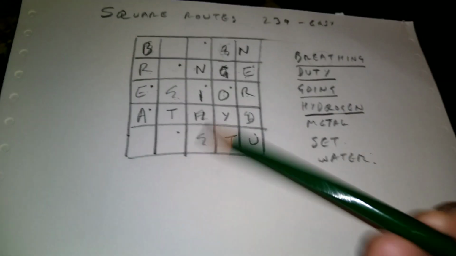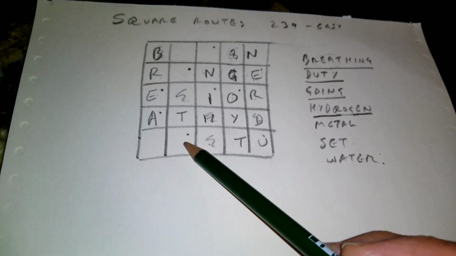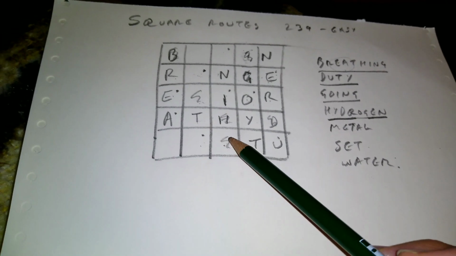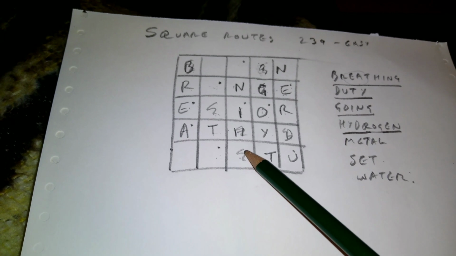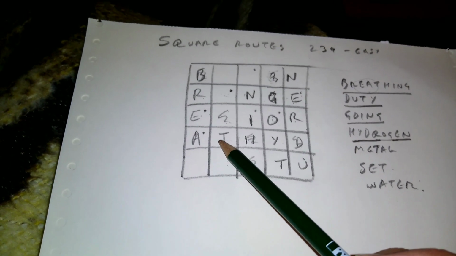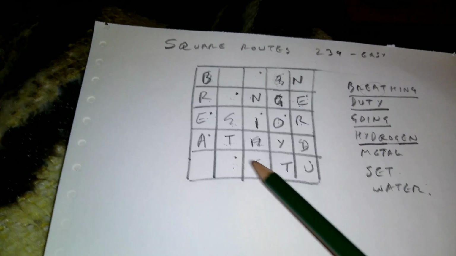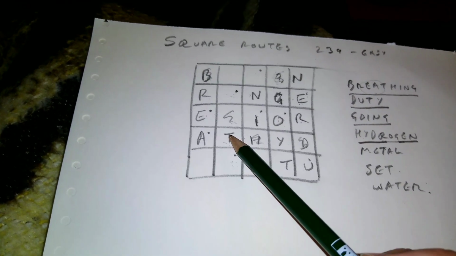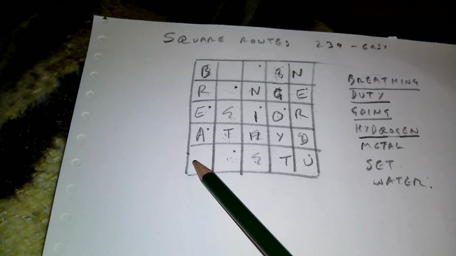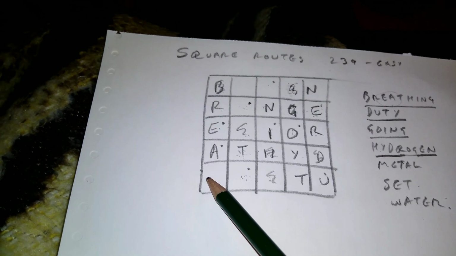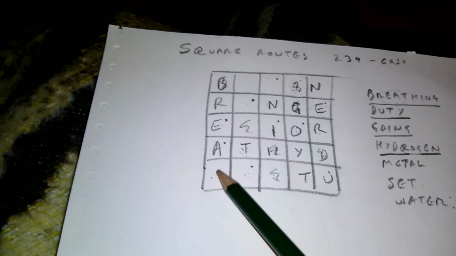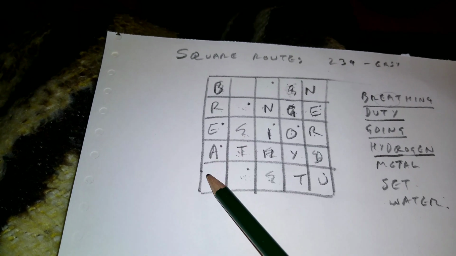So that's breathing in. What could we fit down in this starting cell? Well, it could be SET, set. It could be water, WAT. Then there's nowhere for the E, so it's not water. Could be set. Now, if it was set, we've got a funny cell here, which isn't very likely that we could use that in a, or it could be metal.